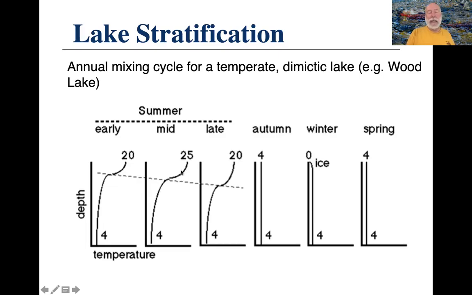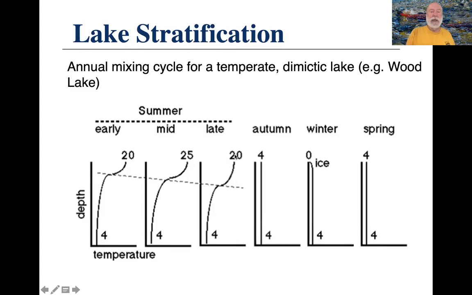Then as we get later in summer and towards fall, the surface waters start cooling, and we may get more wind, but in any case, with more wind and less temperature difference, the lake can mix deeper, okay? Starts mixing deeper down.